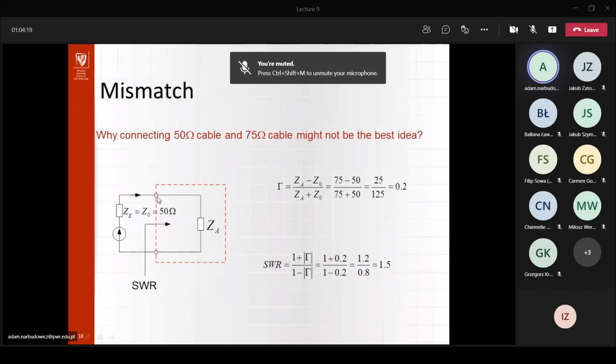So 20% of the amplitude will be reflected back, right? 80% will enter the antenna, the impedance ZA, and then that part that enters the impedance ZA will be dissipated. I have to be careful what I say here, because of course, if it's an antenna, that signal will be radiated, right? But from the circuit point of view, it will be seen as losses, because suddenly the 80% of the signal leaves the system.